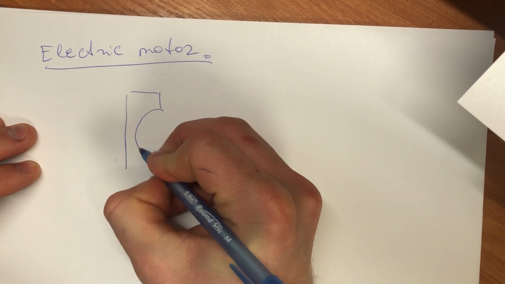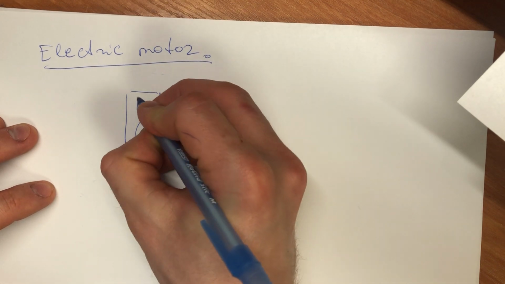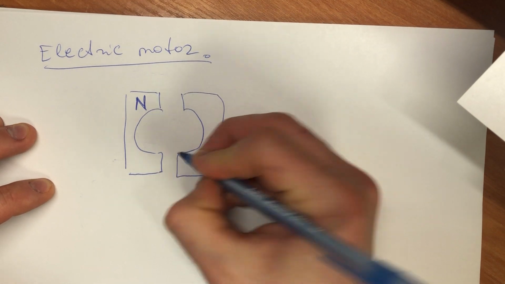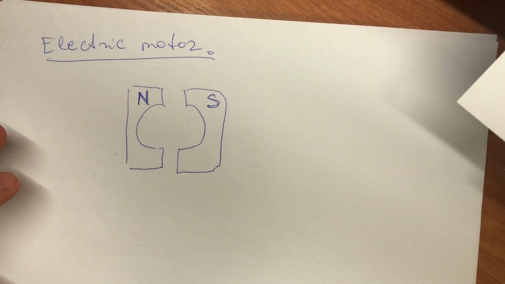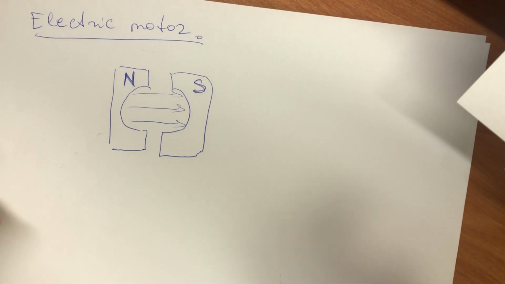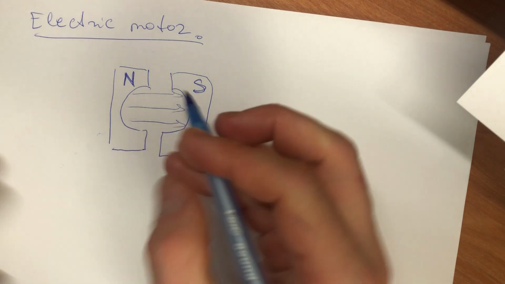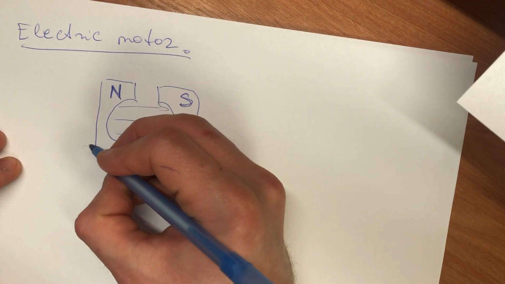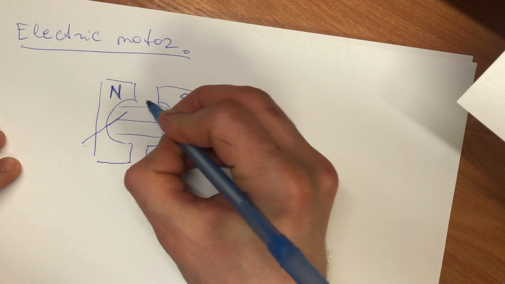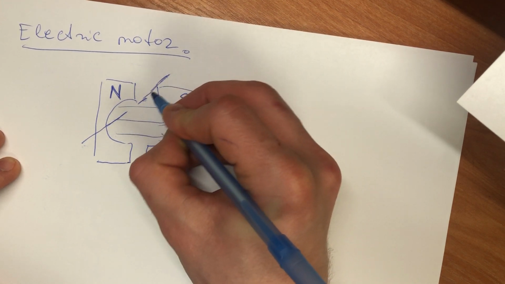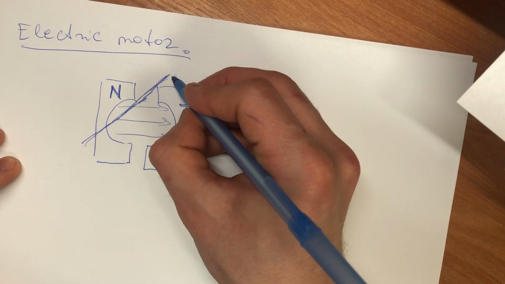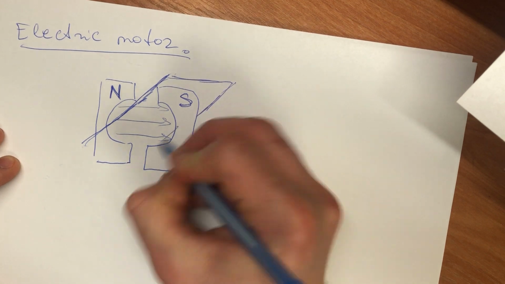We would have a magnet, this is the North Pole, this would be the South Pole, and the lines are going from N to S. Now we have a loop of wire that is going and going back.